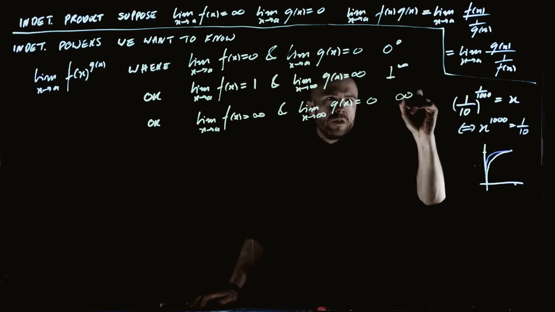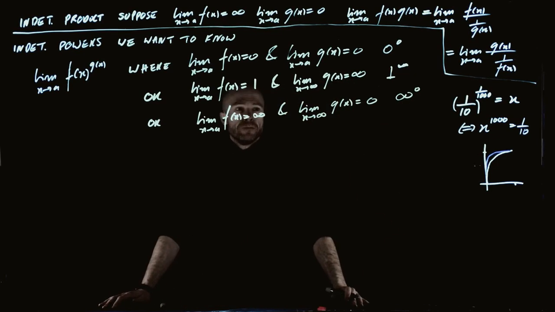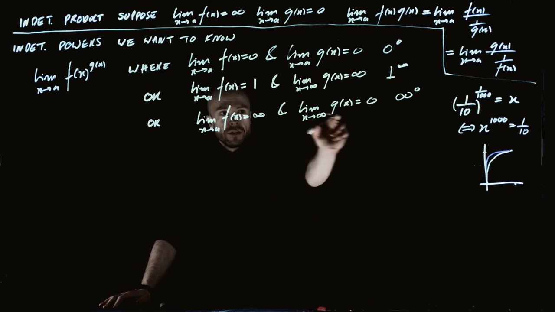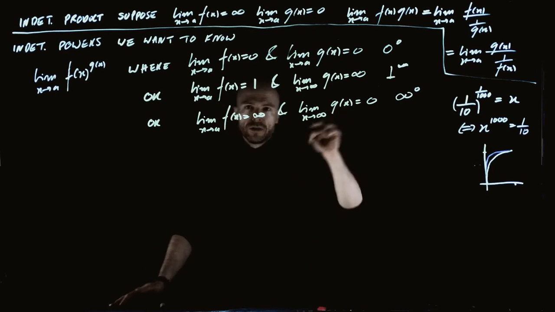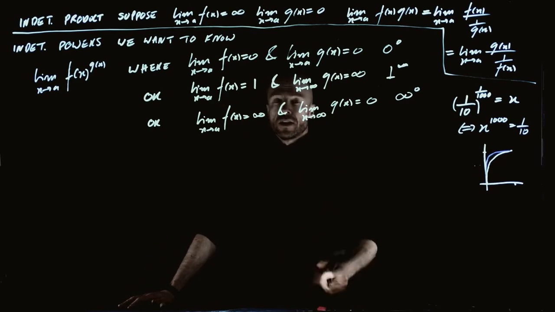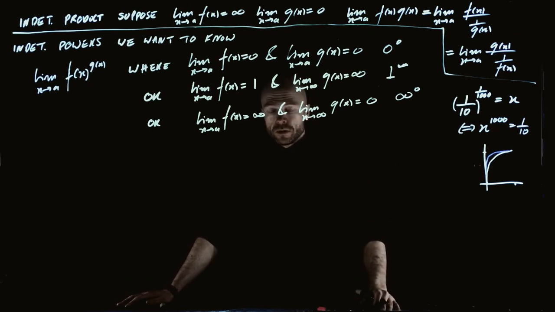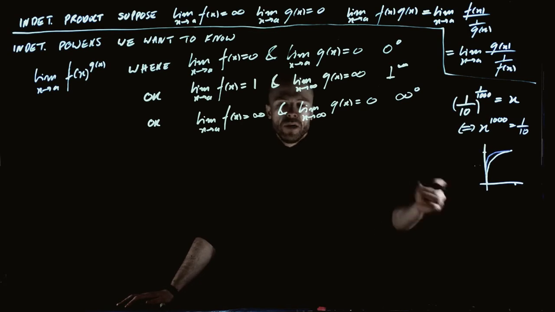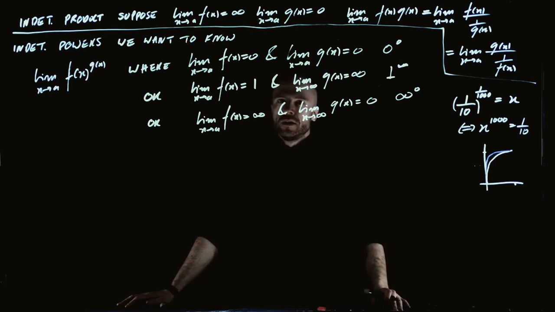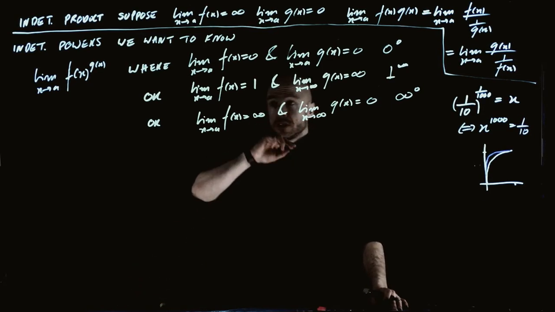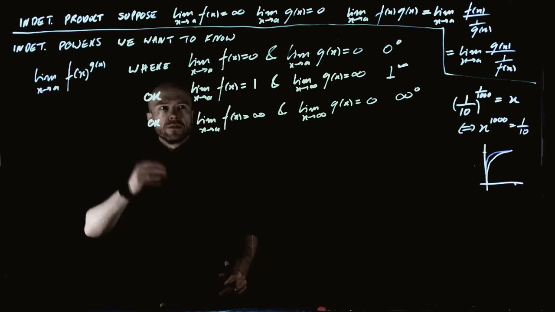So infinity to the 0 form. If we are going fast enough to infinity, then we're going to actually have infinity, if we're going faster than this guy's going to 0. Conversely, if this guy's going closer to 0, faster to 0 than this guy, then it gets closer and closer to 1. Yeah? If we have 1,000 to the 1 over 1,000,000th root, then that thing has got to be pretty close to 1. So again, a battle. So in any of these three situations, we have a battle about which guy gets to which thing first.